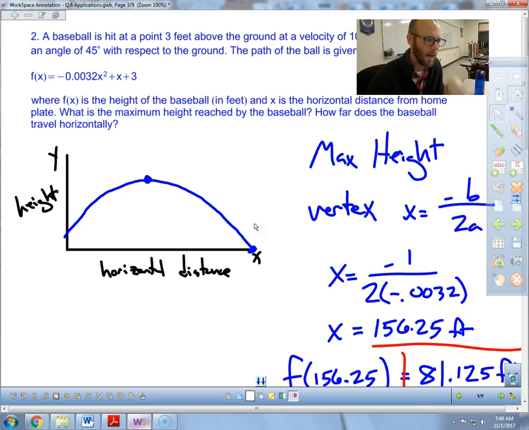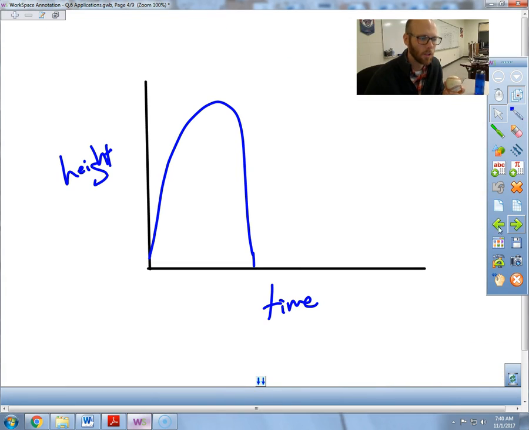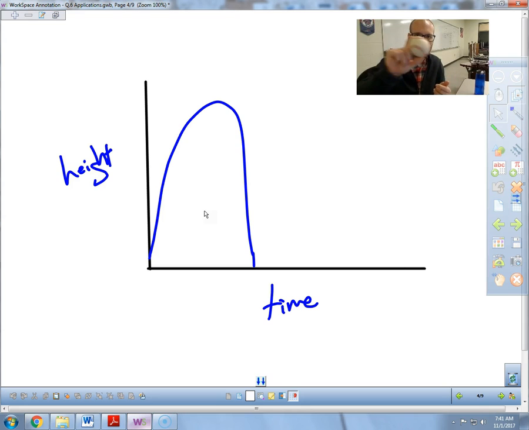But I mentioned that oftentimes, instead of graphing the horizontal distance versus the height, we graph the time versus the height. And that is actually a parabola as well. It's a quadratic. It's not the same that we see like this, but nonetheless, if we graph time versus height, we get a quadratic as well.